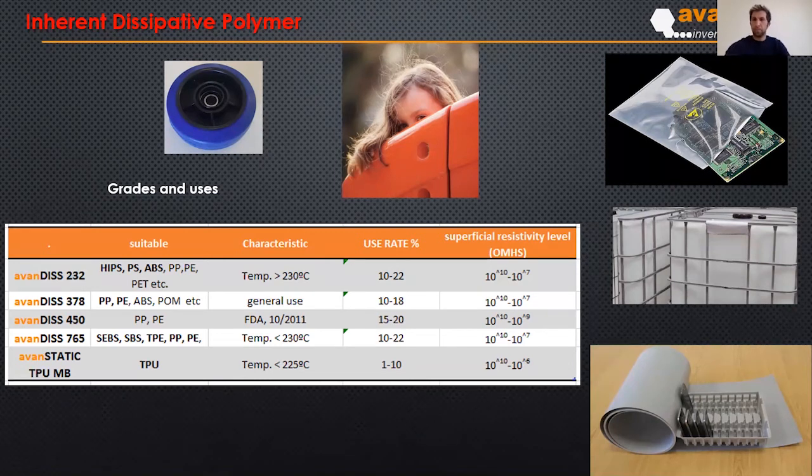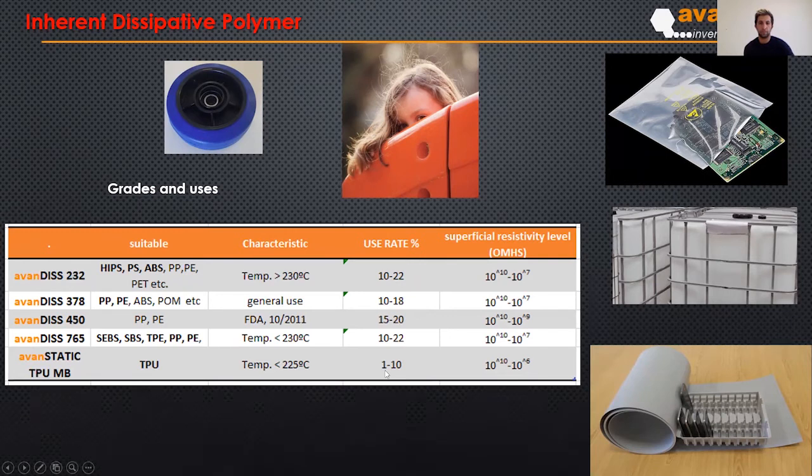In Avanzare, we have 4 different dissipative polymers, the Avanzare line. In function of the use, if you need food grade, or in function of whether you need more or less temperature, we can work with one or with the other. An important point is that the rate of use of this material is high if we compare it with a unique conductor.